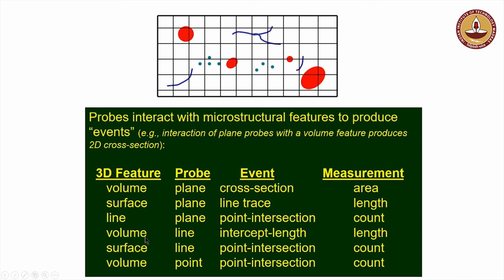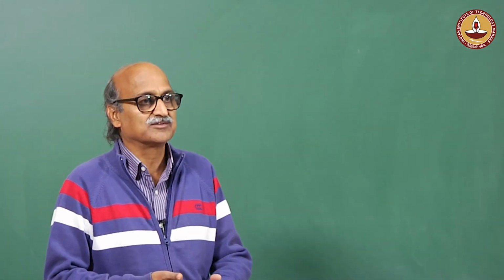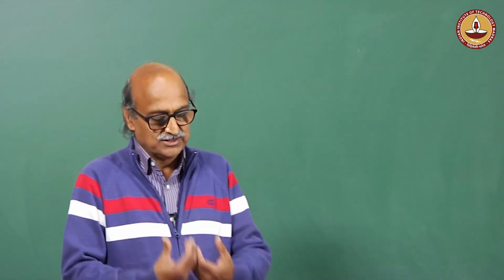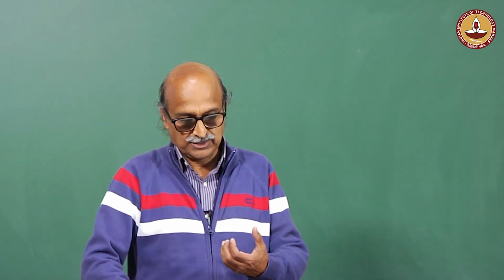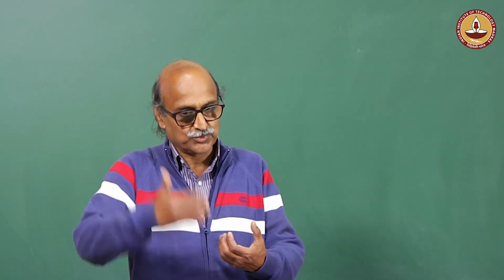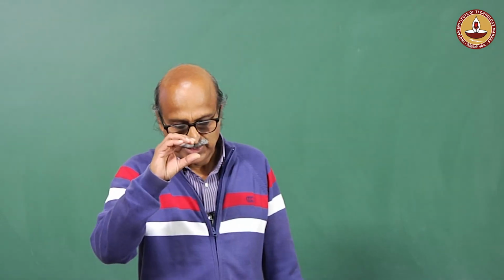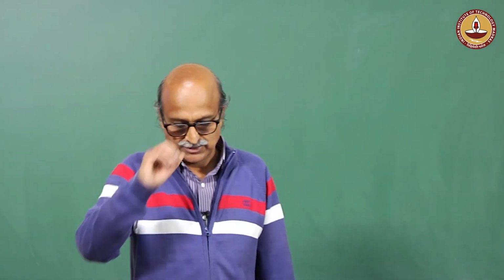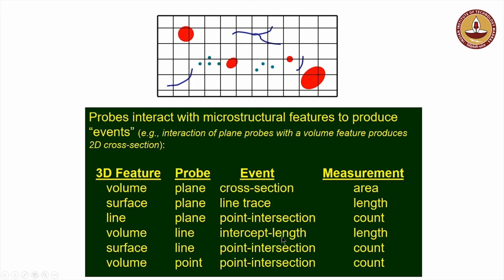Similarly, with a volume feature and a line probe, you would get an intercept length, the length of the line probe passing through the three-dimensional feature, and the intercepted length within the volume feature, and you can make a length measurement.